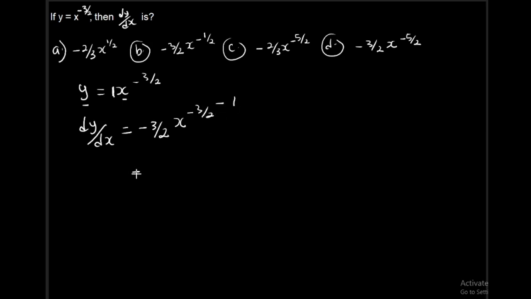So that will give us minus 3 over 2 x raised to the power minus 3 over 2 minus 1. If we solve this, it gives us minus 5 over 2. So our final answer here is minus 3 over 2 x to the minus 5 over 2, which is option D.